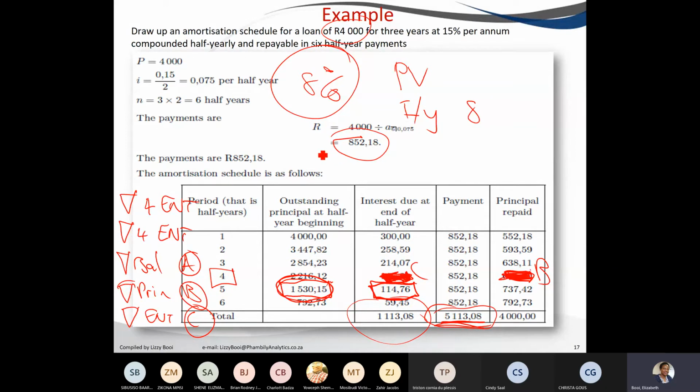So you can just say your N is 2, and you don't even have to multiply by the compounding periods, because you're left with 1 year, which is already compounded: this is 1 year, this is 1 year, this is 1 year. So 1 times 2 is equal to 2, and you already have the compounding period.